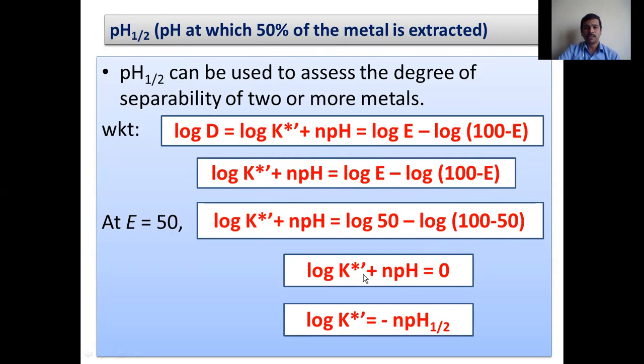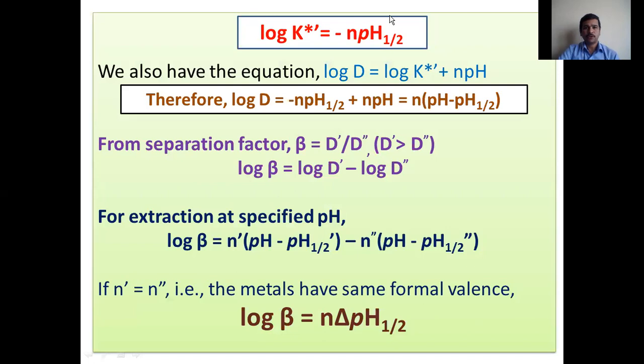So log K star dash plus n into pH will be equal to 0. So log K star dash is equal to minus n into pH of. So log K star dash at 50% extraction of the metal will be exactly equal to minus n into pH of.